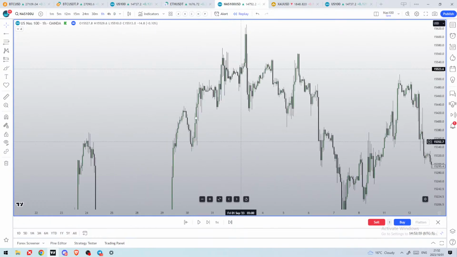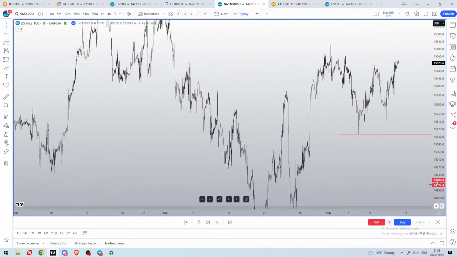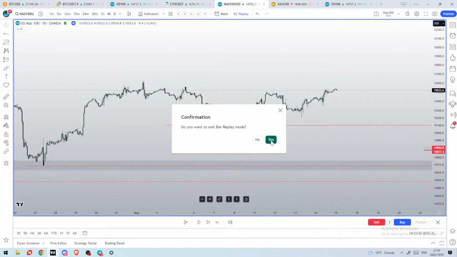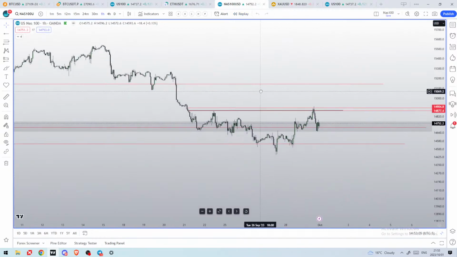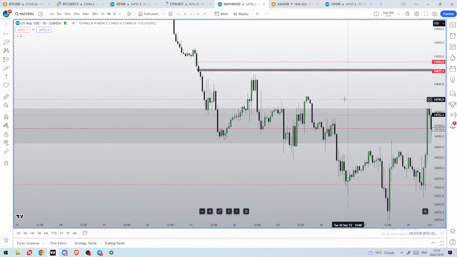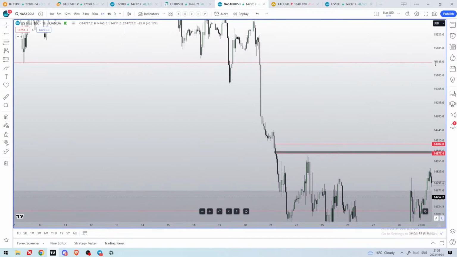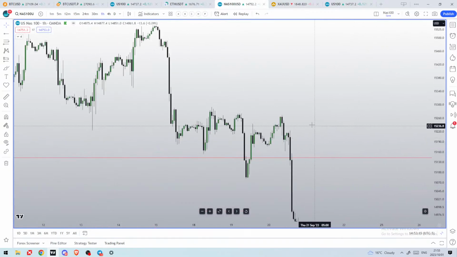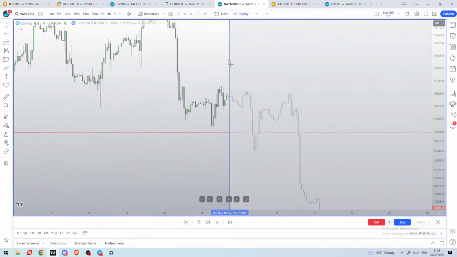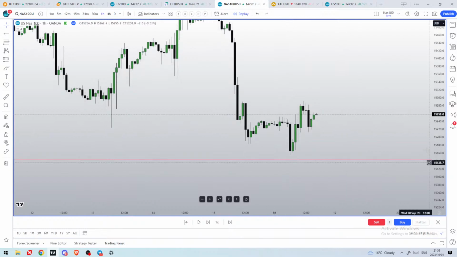I'll give you a perfect example here, so let's get back to current price action. Let's look at this piece of price action here, H1.